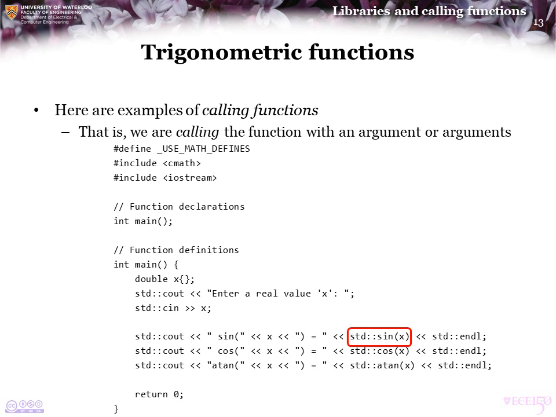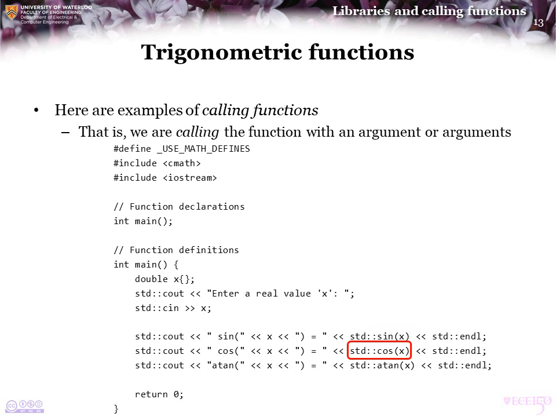Because the sine function is in the standard library, we must prefix that identifier with std::, just like we always had to prefix cout, cin, and endl with that same std::. Again, we will describe that later.